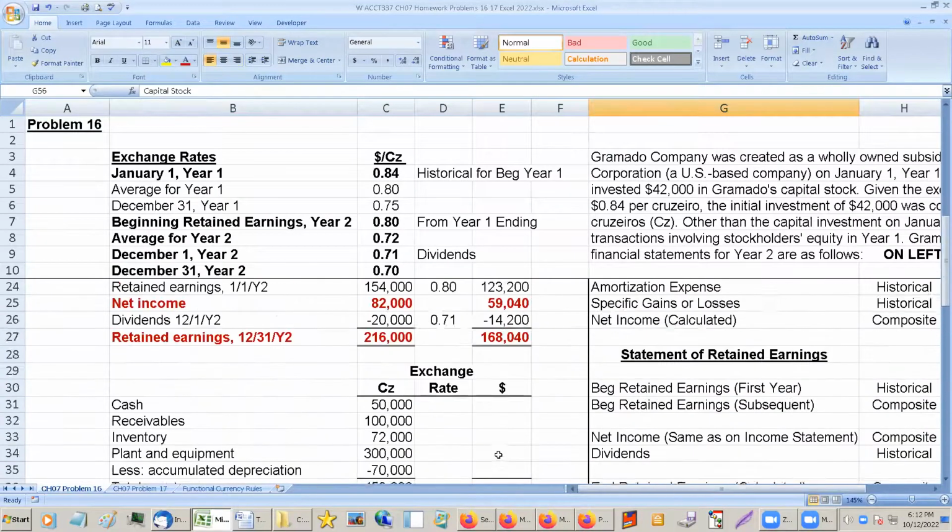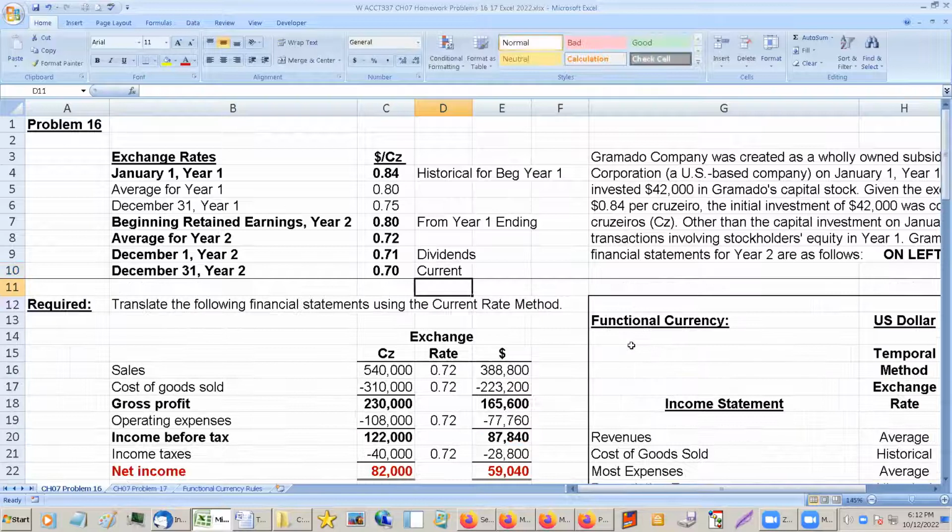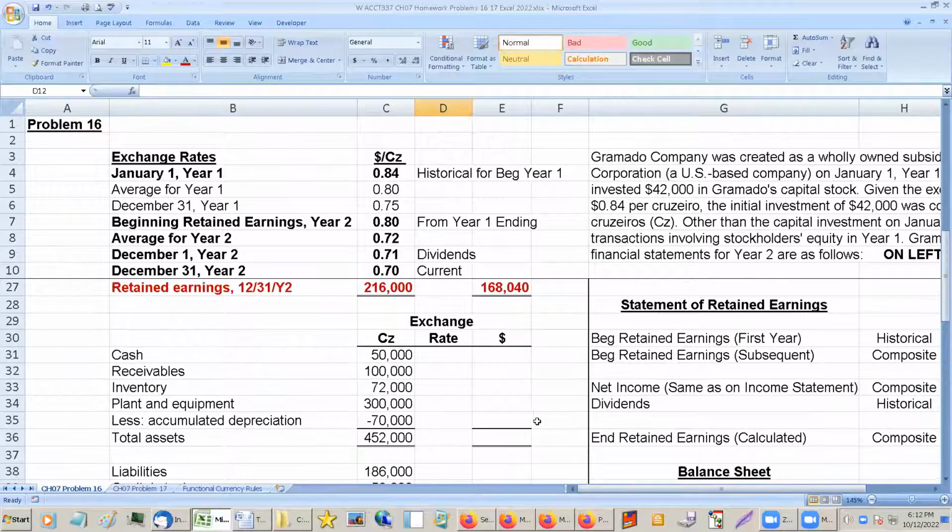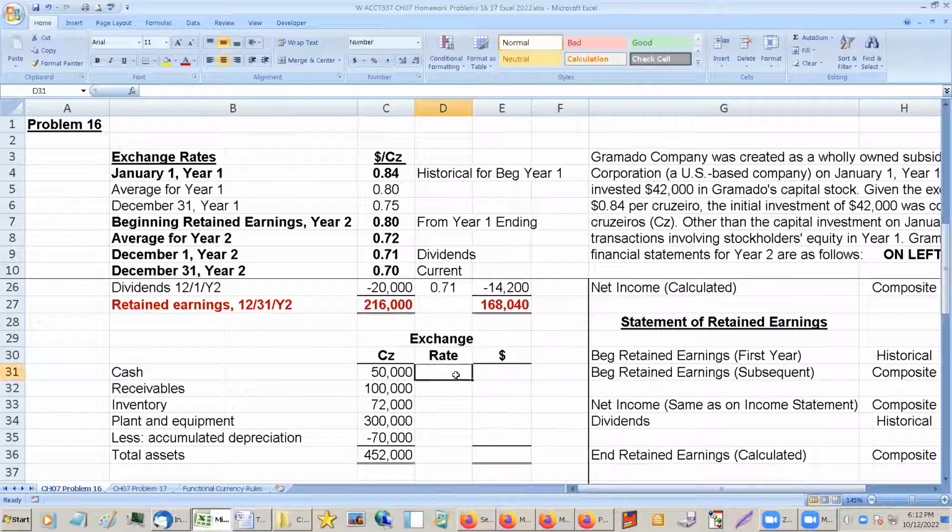At year end, the current rate is 0.70. Write that down.